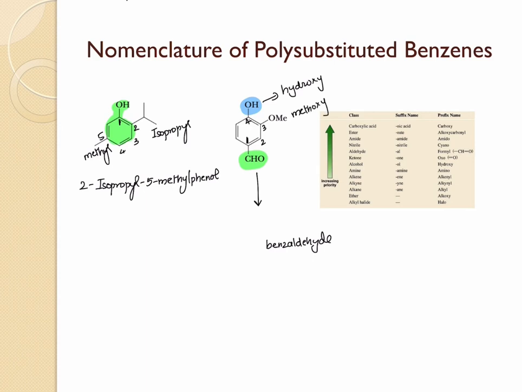And they are in 4th and 3rd position respectively. So H is going to come first, and therefore this should be 4-hydroxy 3-methoxy benzaldehyde. That would be the appropriate name for this compound.